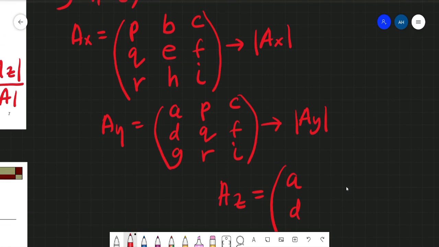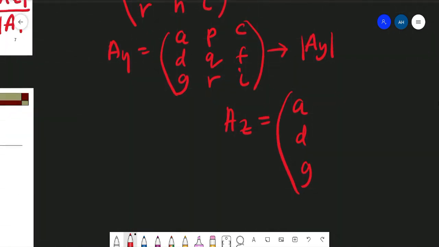That is B, E, H. But the last column, that is column number 3, the coefficient of Z, we are going to replace by the right hand side of the equation. That is P, Q, and R. Okay, this is matrix AZ.